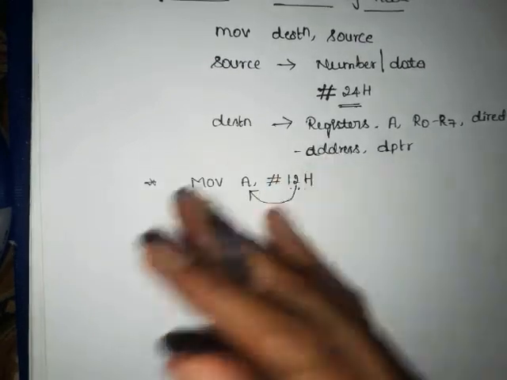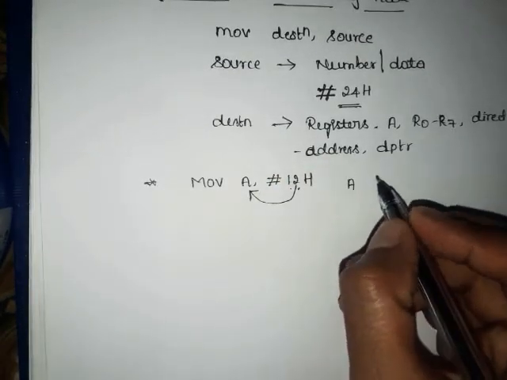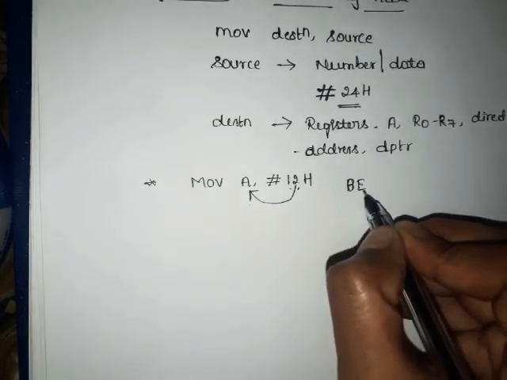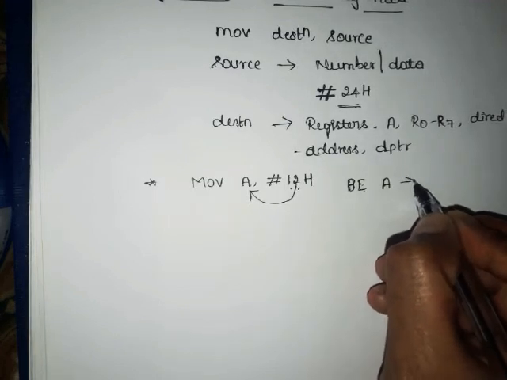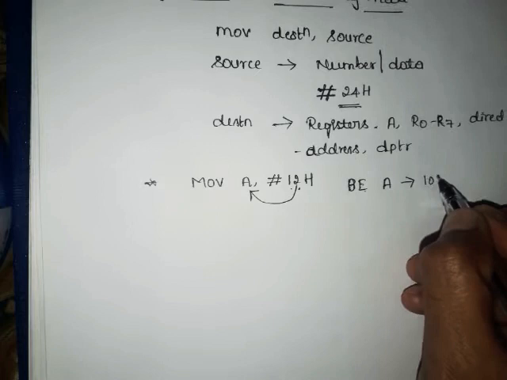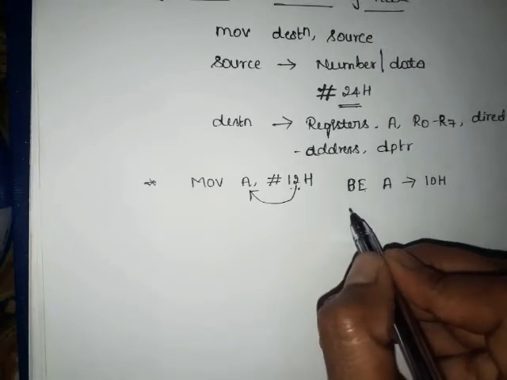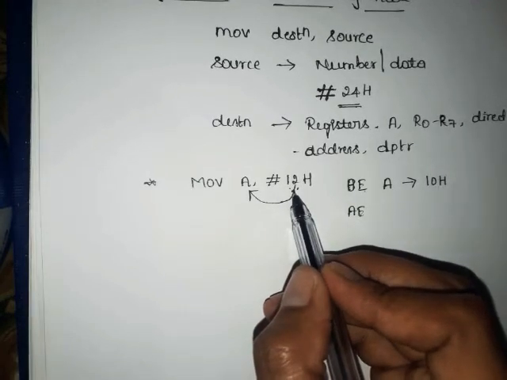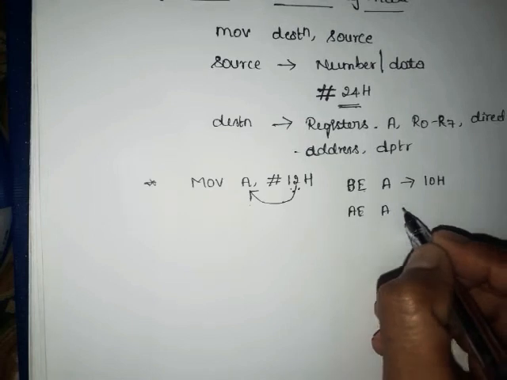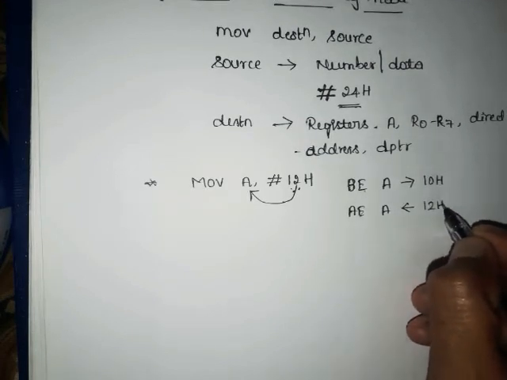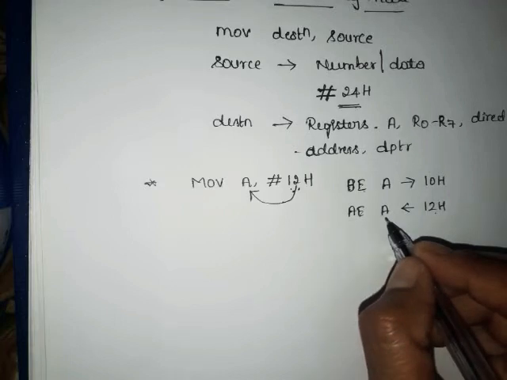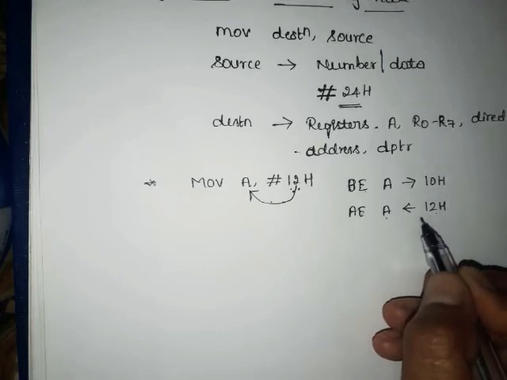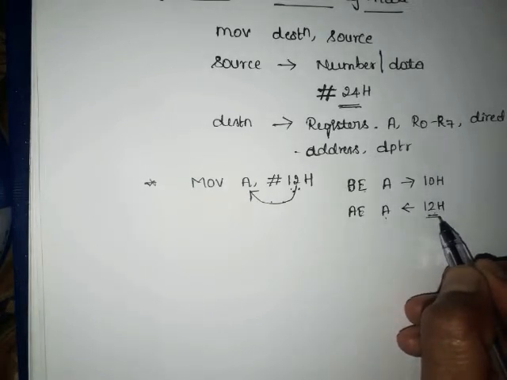For example, if the accumulator before execution of this instruction is having a value of 10h, then after execution of this instruction, this number 12h will be moved to the accumulator. The data present in the accumulator after this instruction execution is equal to 12h.